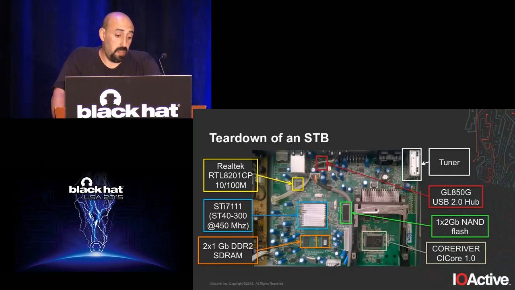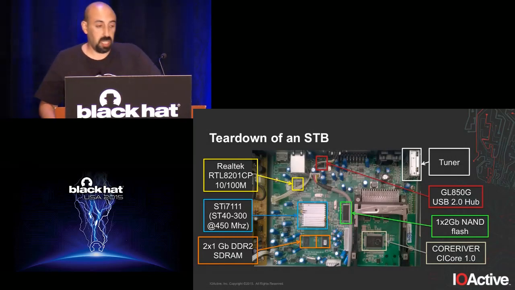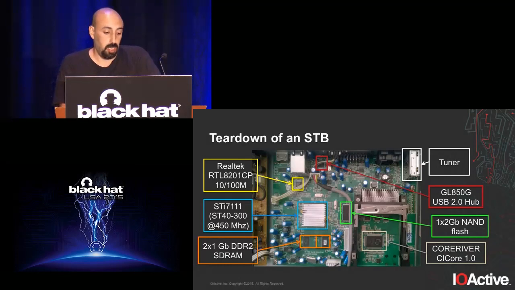Within that processor, we have a CPU that runs at 450 megahertz. It's an SH4, 32-bit SuperH architecture. We can see all the components needed by PCs: USB hubs, 2 gigabits of RAM and of storage space.